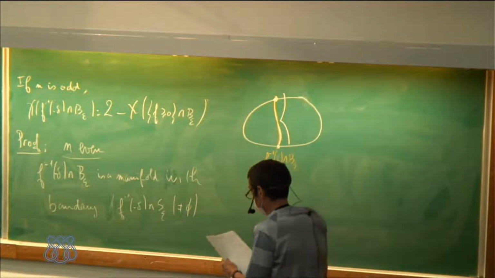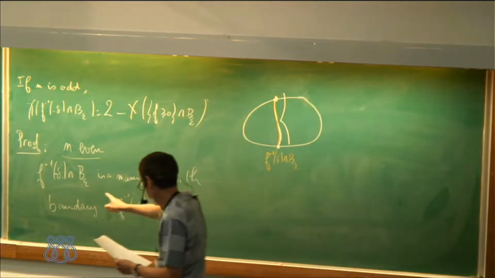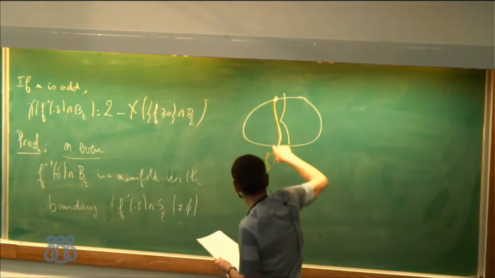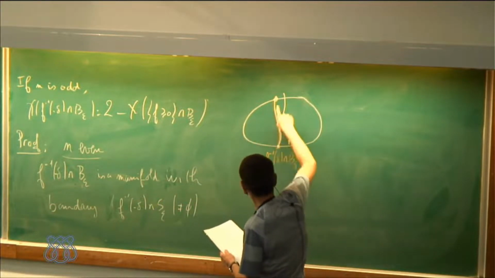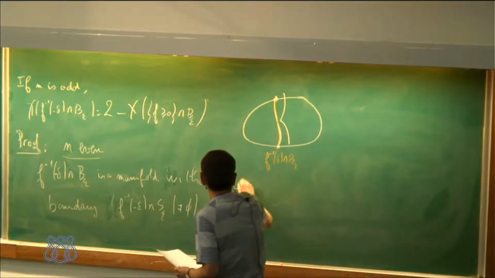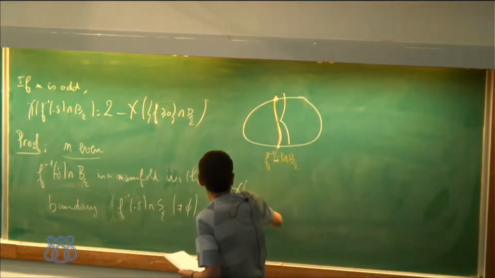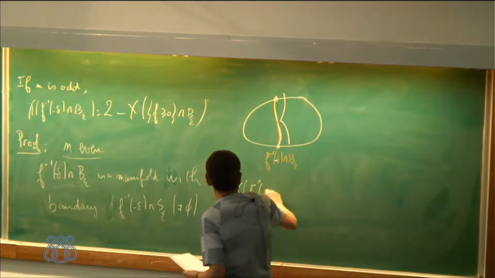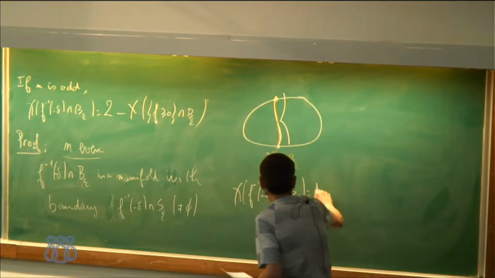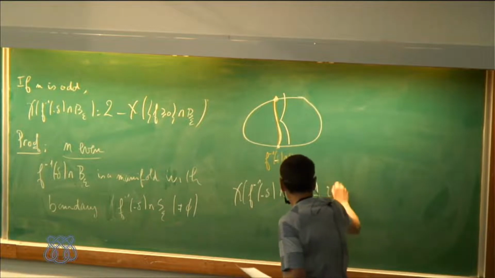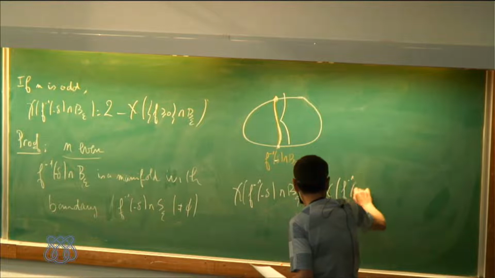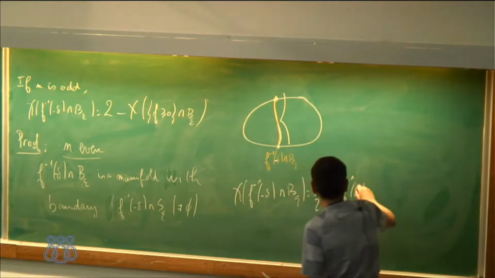So what do we have? This is odd dimensional. So its Euler characteristic is one half times the Euler characteristic of the boundary, because it is odd dimensional.